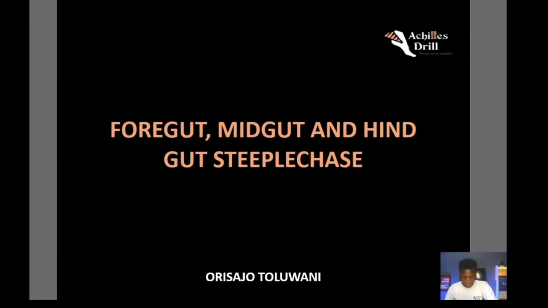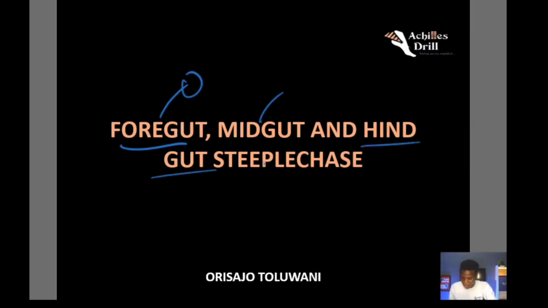So we'll be starting at the very beginning, and that is the foregut. The foregut gives rise to structures including the esophagus, the proximal part of the duodenum, and the stomach. All those structures are derivatives of the foregut. And then from the midgut, you have the small intestine, starting from the distal part of the duodenum to the ileum, the cecum, the colon, and so on and so forth.